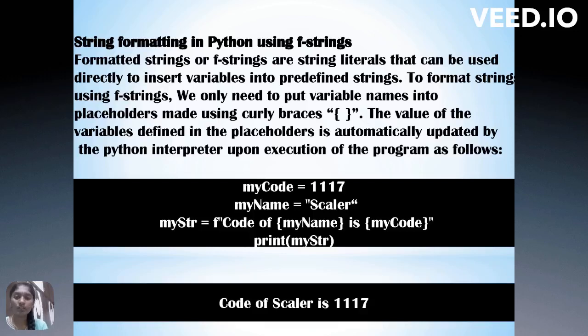The value of the variables defined in the placeholder is automatically updated by the Python interpreter upon execution of the program, as follows. This is an example code for the f-string. My code is 1117, my name is Scalar, my string is: f code of my name is my code. Print my string. Then the output is: code of Scalar is 1117.